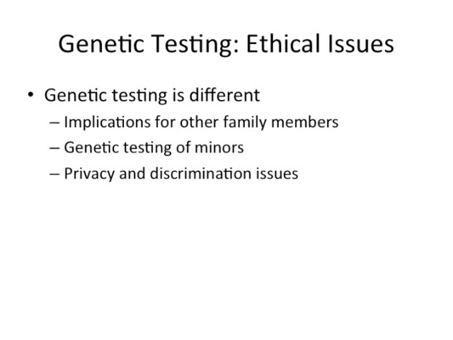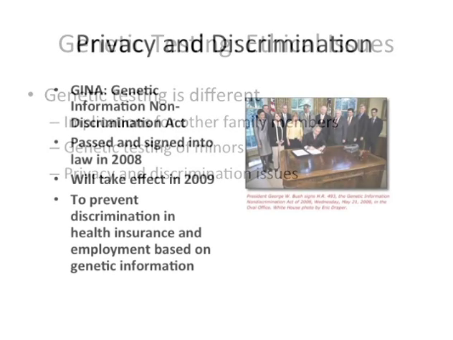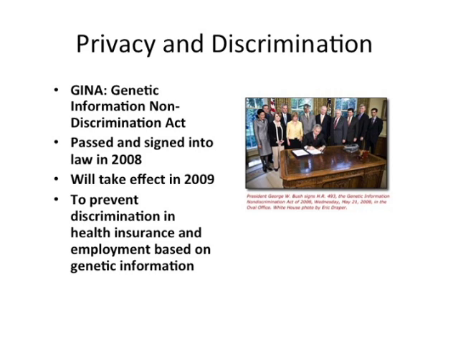Thinking about privacy and discrimination issues. In 2009 or 2008, the law called GINA, the Genetic Information Non-Discrimination Act, was passed. And this is to prevent discrimination in health insurance and employment based on genetic information.